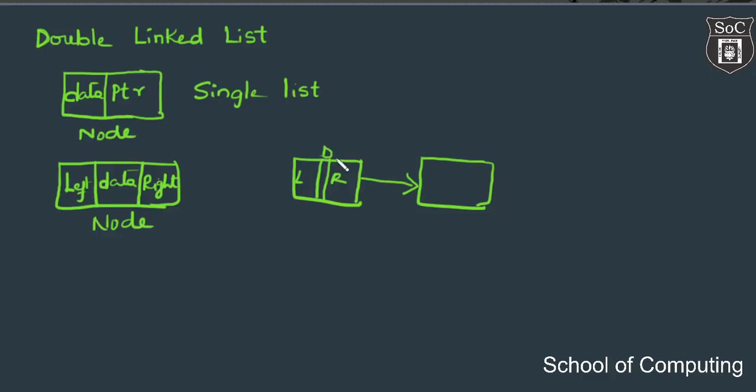So the right pointer will point to one node, and the left pointer will point to another node. We have two pointers capable of pointing to two different nodes. We need not use the words left pointer and right pointer. You can call them a forward pointer and a backward pointer.